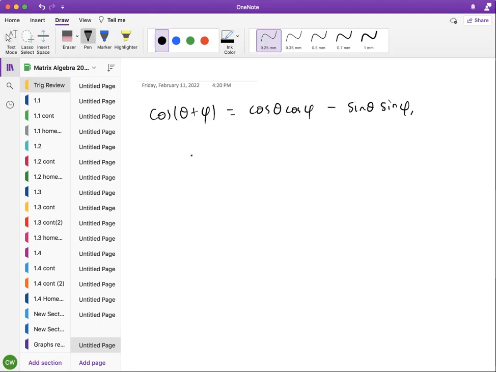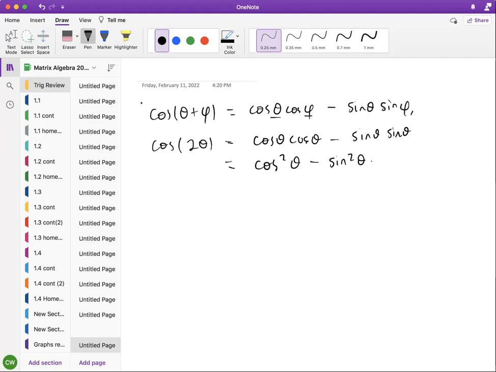But you can do the same thing with the cosine of a double angle. If you replace these with the same angle, you have cosine theta cosine theta minus sine theta sine theta, or cosine squared of theta minus sine squared of theta.